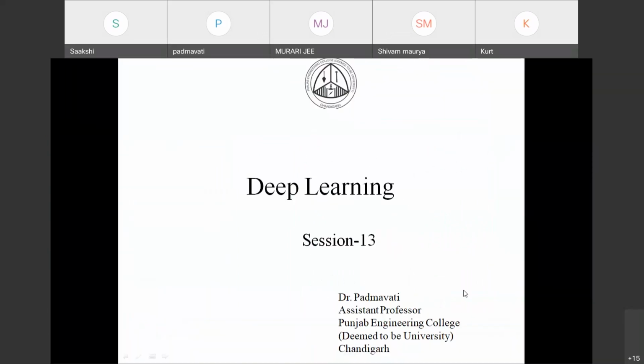Okay, let's start today's session on deep learning. In the last class, we discussed CNN architecture and the most widely used architecture, that is AlexNet, right? I think I have not mentioned that after every convolution operation, we will be having one more operation, that is the non-linearity operation.